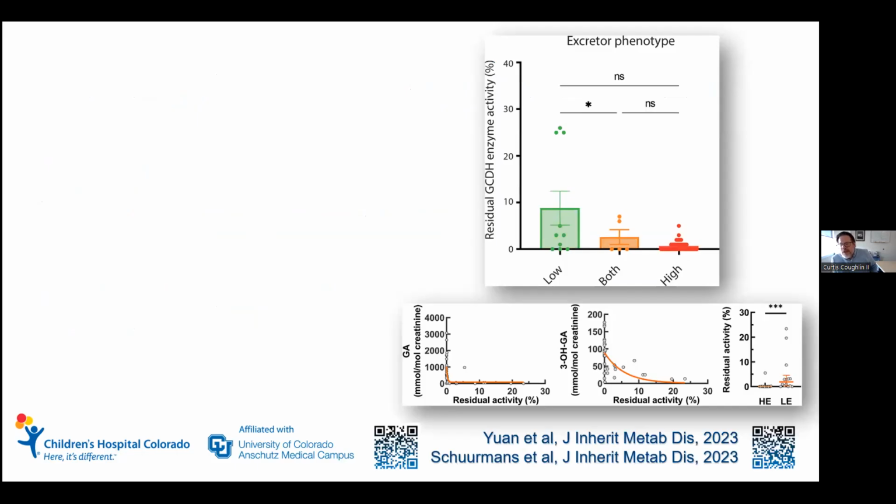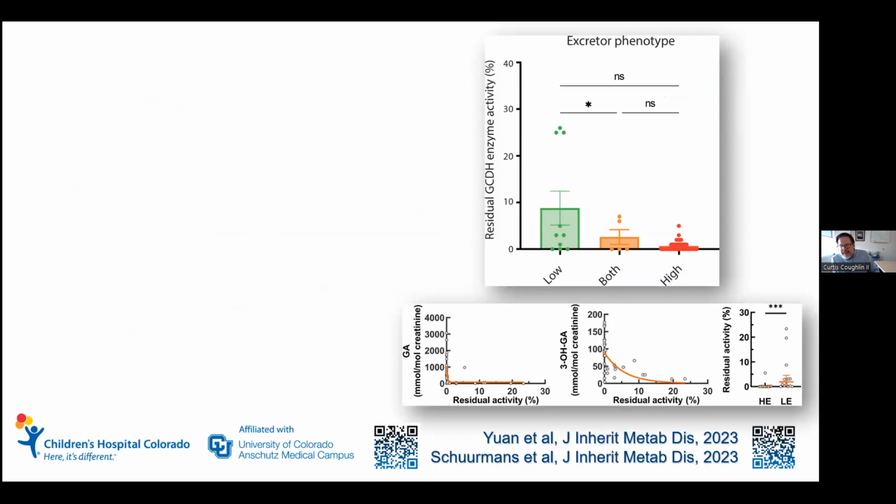I said there were two recent papers looking at these genotype-phenotype correlations, and for anyone who's interested in GA1, I highly recommend both. One is from the German group, which is the figure on the bottom, and one from the Netherlands, which is the figure on the top. These are just two figures from those papers, but what they're showing is the correlation between the amount of enzyme activity and whether you have the low excretor or high excretor phenotype.